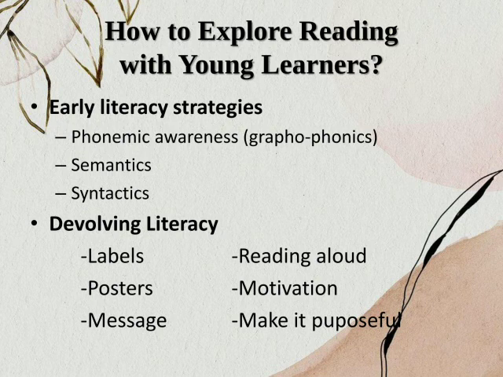The second is semantic. Being able to decode or read aloud is not useful on its own. The symbols carry meaning, and so young learners need to be taught how to decode the symbols and visuals in order to find out the message being shared.